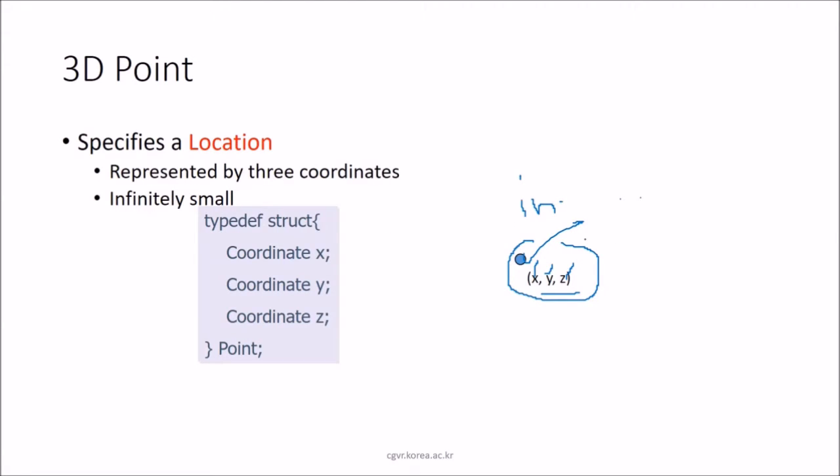So how are you going to define or represent it? Because you are going to use some graphics library, like OpenGL or DirectX. How are these points represented in programming? For that you have a simple example of typedef struct. This is a structure with coordinate x, coordinate y, coordinate z, and this is the structure name.